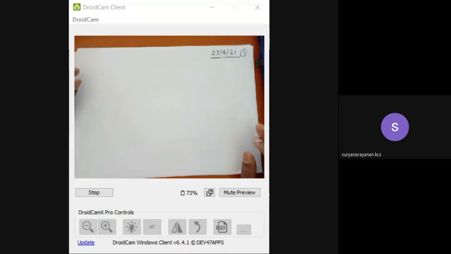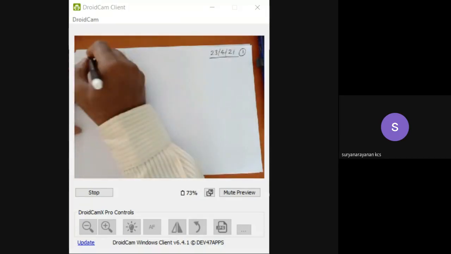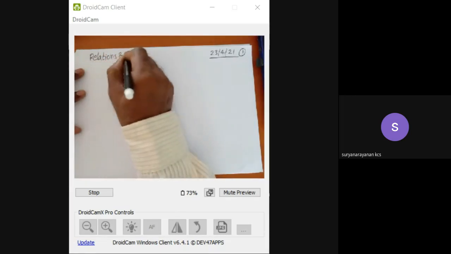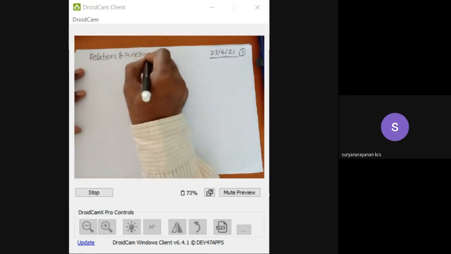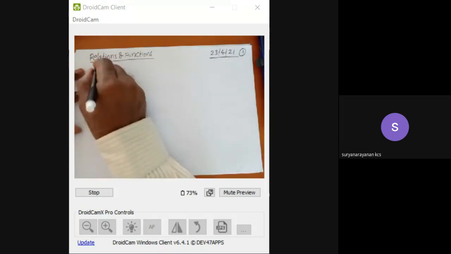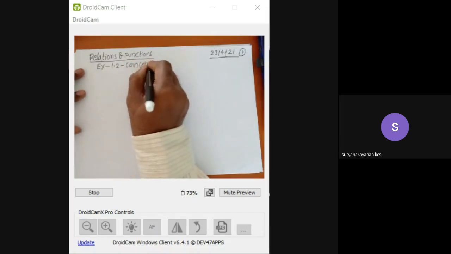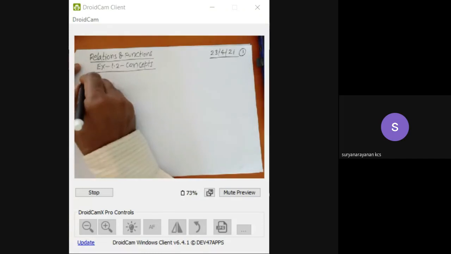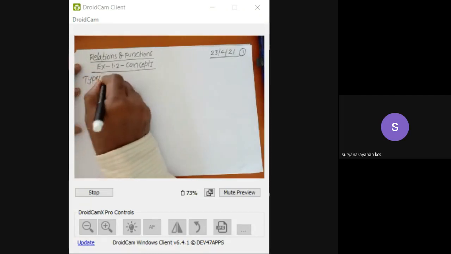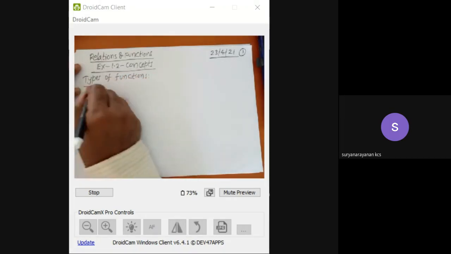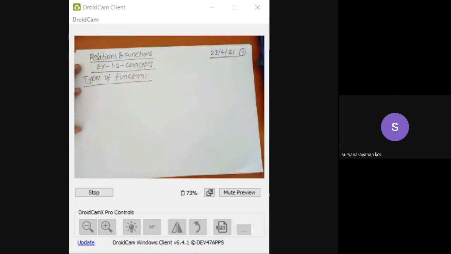Right. Now come to the second type of functions. Under this concept, types of functions, we have discussed the first type of function, that is one function.